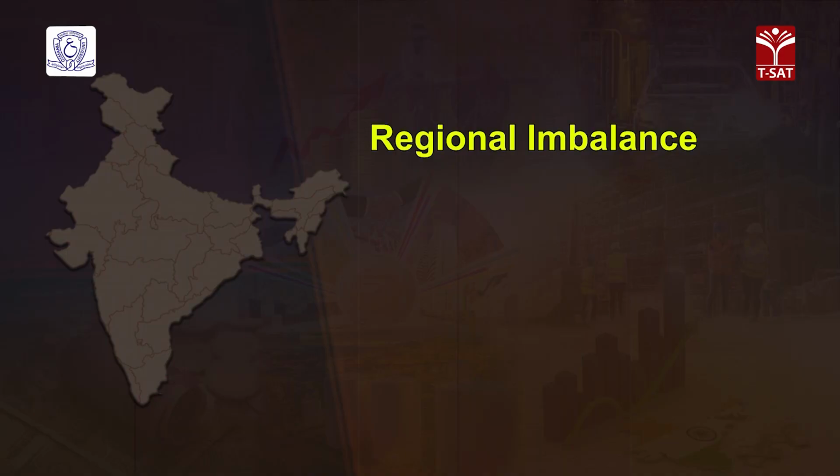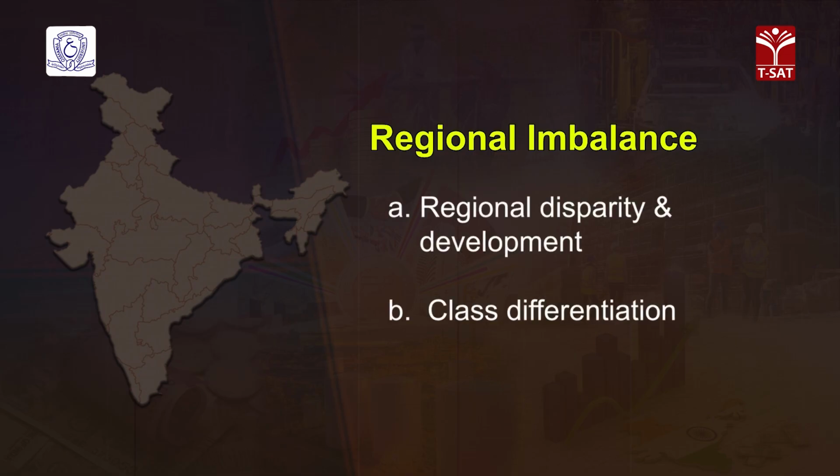The regional imbalance can be spatial or social, that is, class differentiation, such as the regions with the dwellings of people from lower castes may be less developed than those of higher castes. Regional imbalance has two dimensions: A. Regional disparity and development, B. Class differentiation.